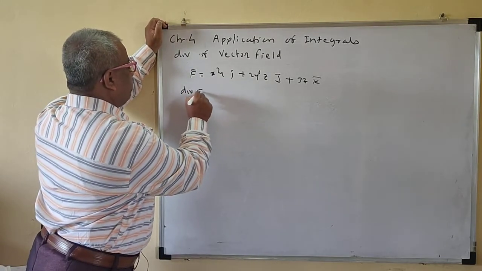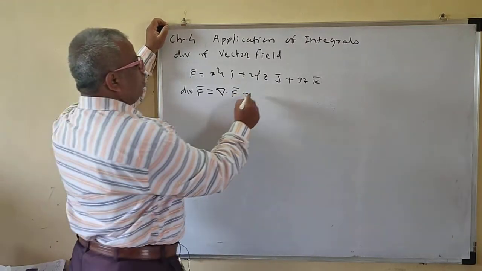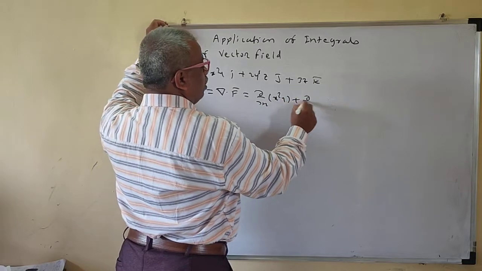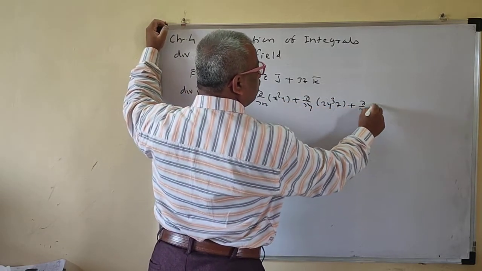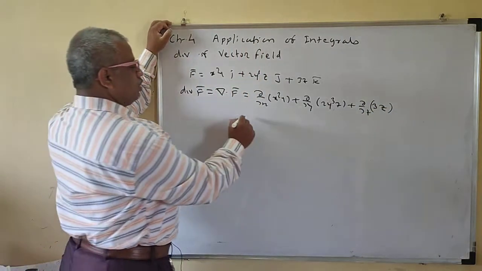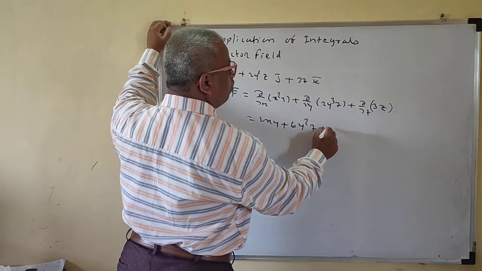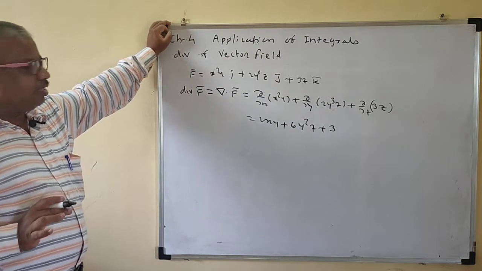So divergence of F bar, del dot F bar, is dou by dou x of the first component plus dou by dou y of the second component plus dou by dou z of the third component. You have to find all those things. So this is 2xy plus 6y square z plus 3. So this is your divergence. Divergence is a scalar quantity.